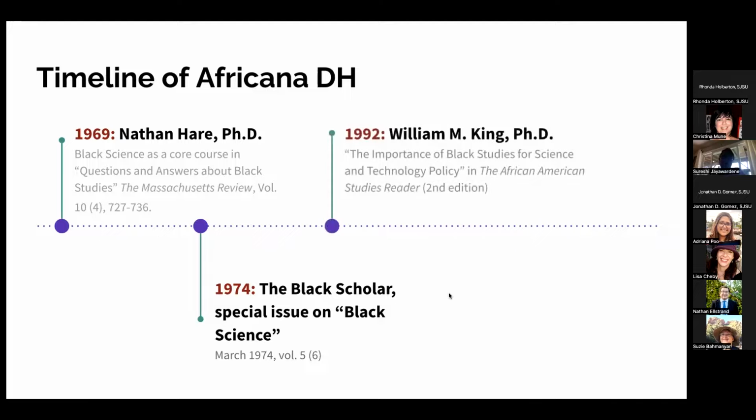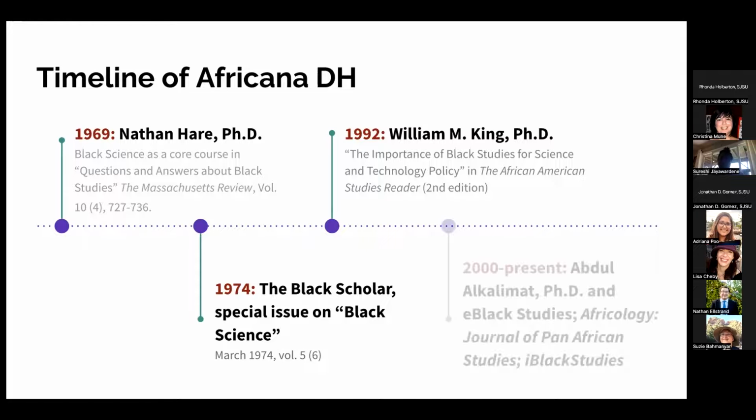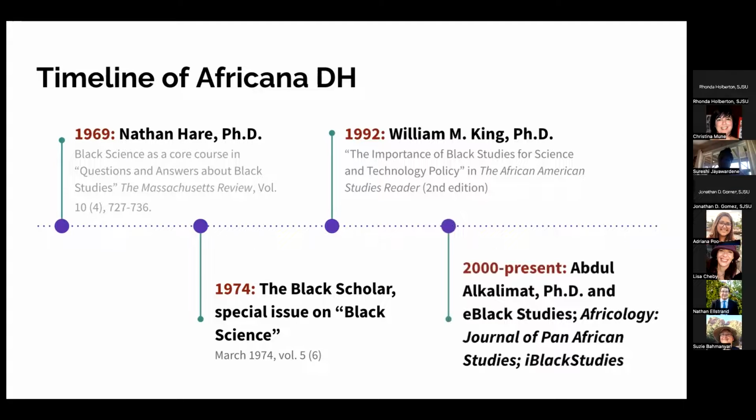And then you skip a couple decades and there is one article or chapter in the African American Studies Reader about science and tech for advancing policy outcomes. And then the 2000s. There are these chunks of time where there's not a lot going on in this history.